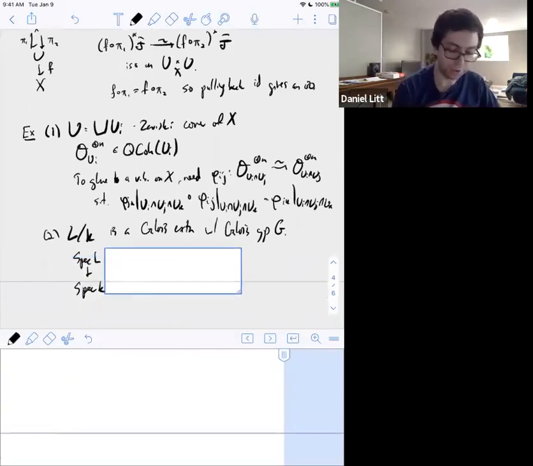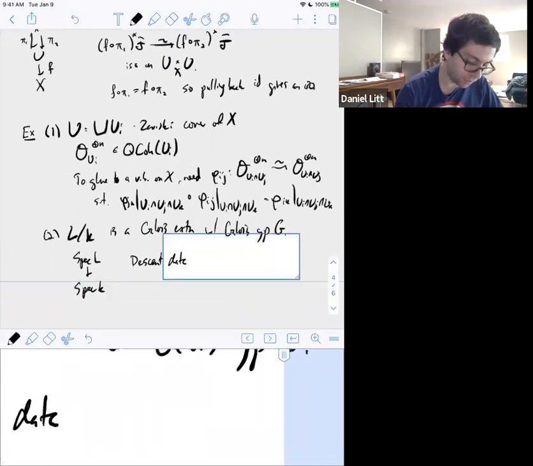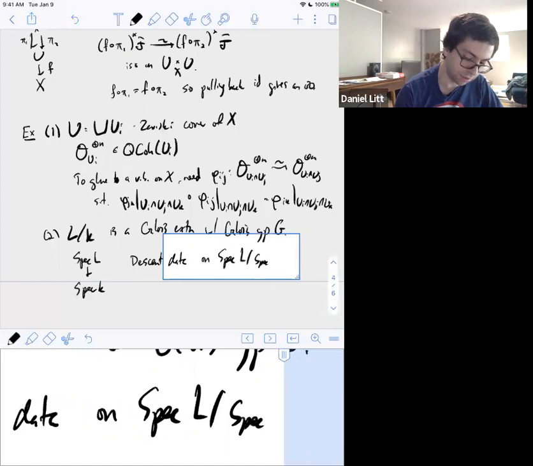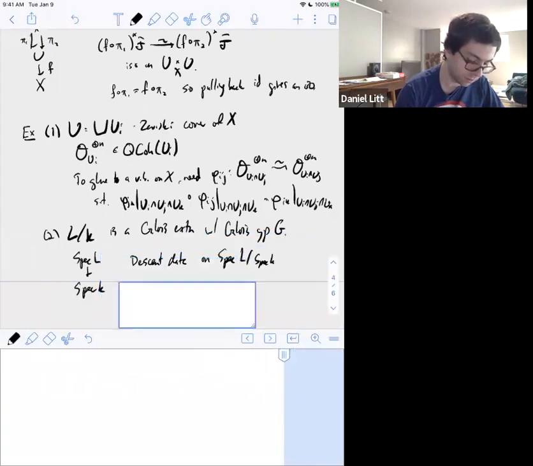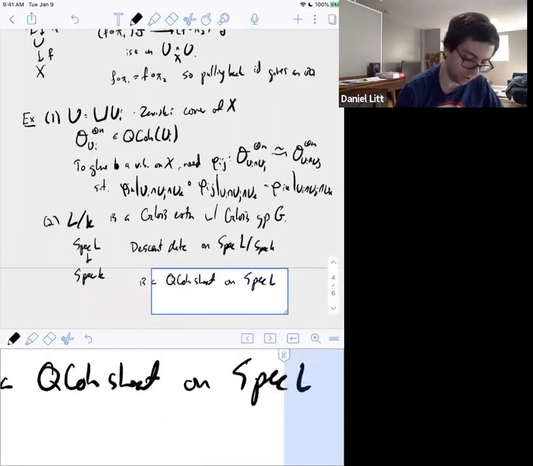So what's descent data? So descent data relative to this map, spec L over spec K, is a quasi-coherent sheaf on spec L. So that's also known as an L vector space.